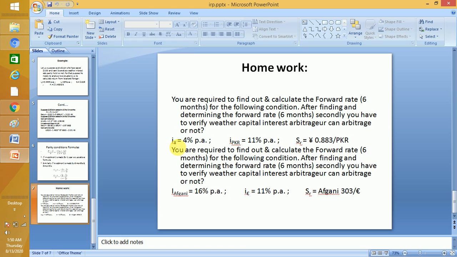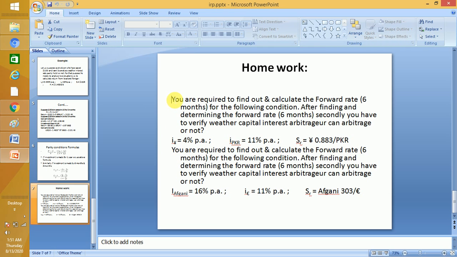Interest in yuan is 4%, in PKR it is 11%, and the spot rate is 0.883, meaning yuan divided by PKR: 1 PKR is equal to this much yuan.